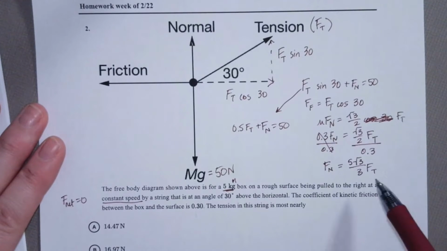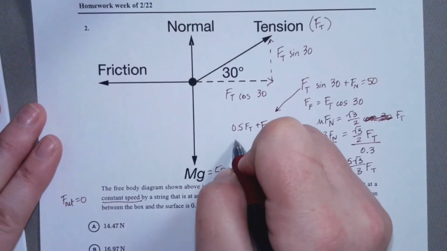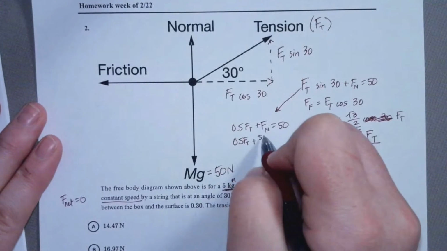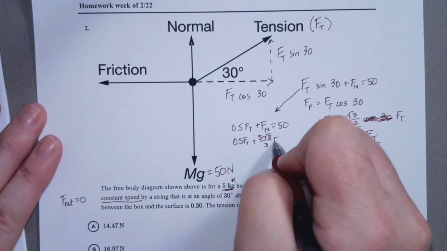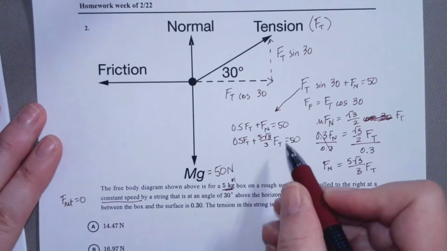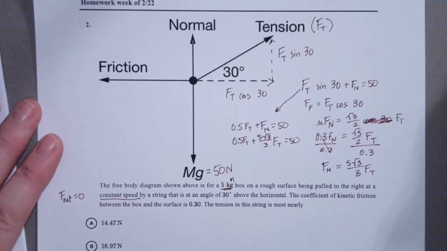Okay. So I'm going to plug that in up here for normal force. So I've got 0.5 Ft plus 5 square root of 3 over 3 Ft equals 50. So you add the like terms and then do 50 divided by whatever the coefficient there is. That's a lot of fractions. So I'll just give it to you in the decimal form.